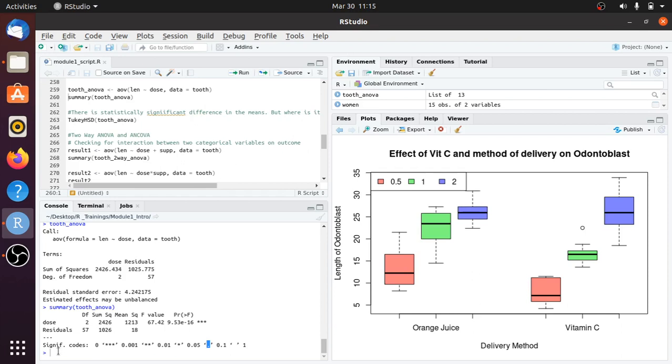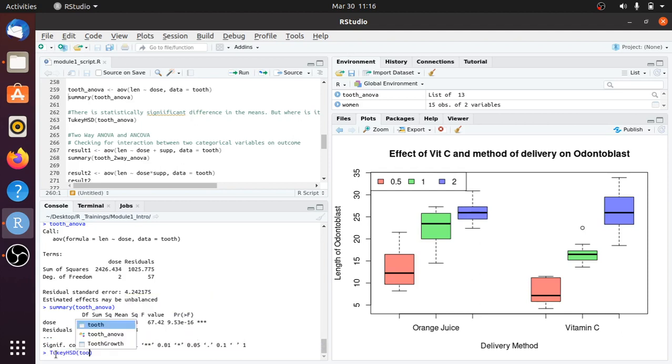Now, yes, we've seen that there is a significant difference across the three doses. But where is this difference coming from? We don't know. To decide that, we use Tukey HSD.